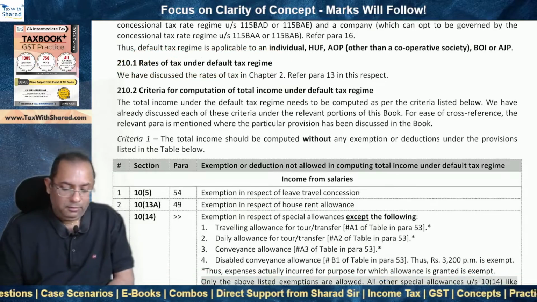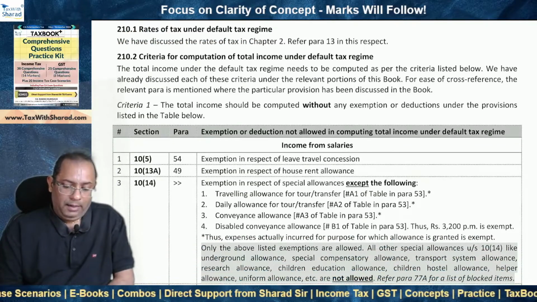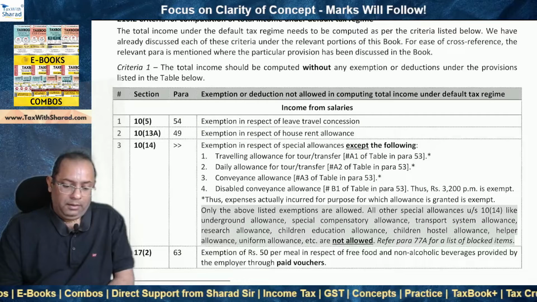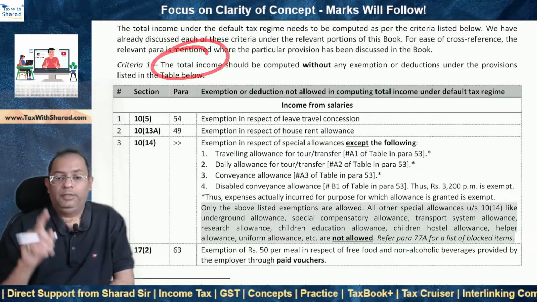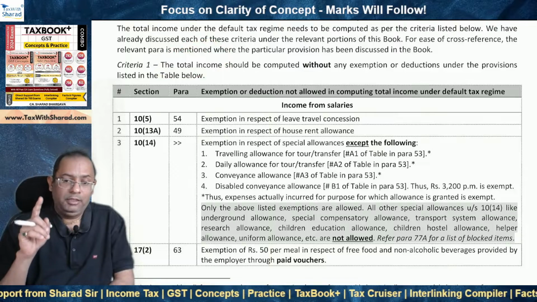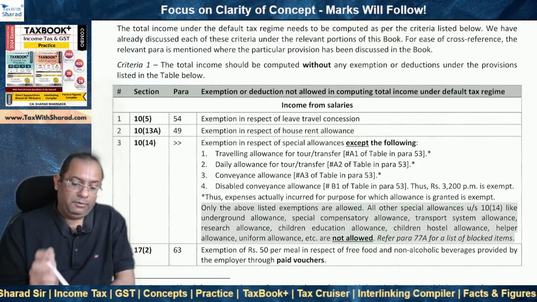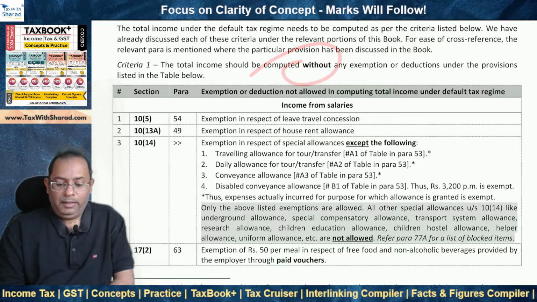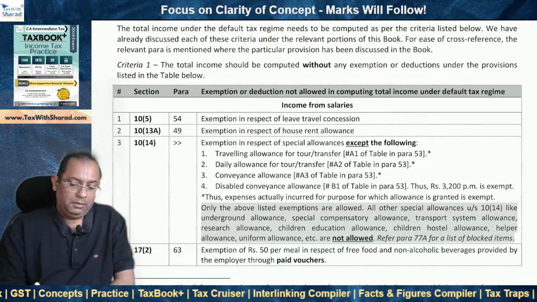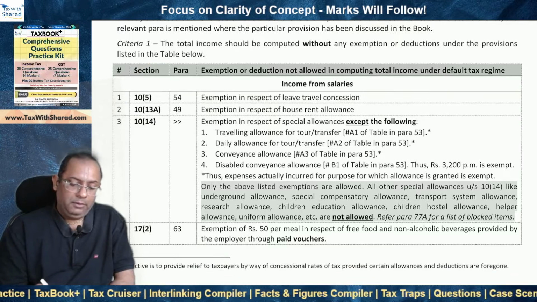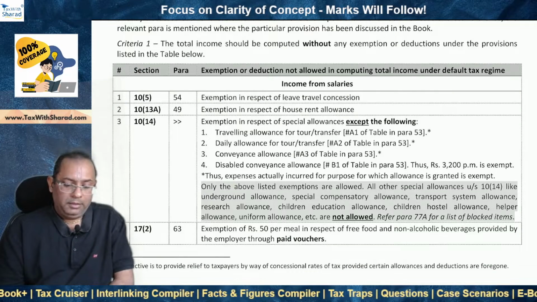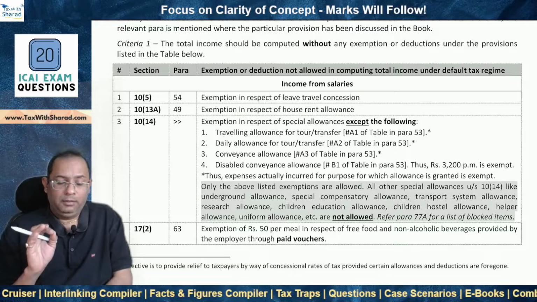We are not discussing the rates of tax, and the assessee is required to forego certain exemptions and deductions. So basically, when you are making computation under the default tax regime, the total income should be computed without allowing the exemptions or deductions under the provisions which are listed in this table. And in this table you can see all these exemptions and deductions are blocked under the default tax regime.